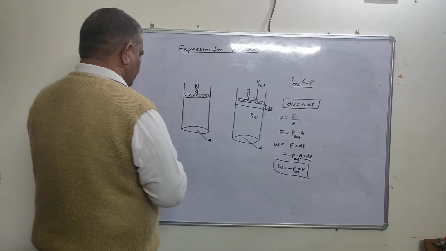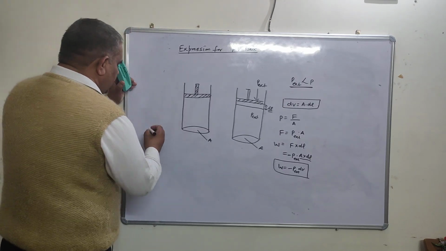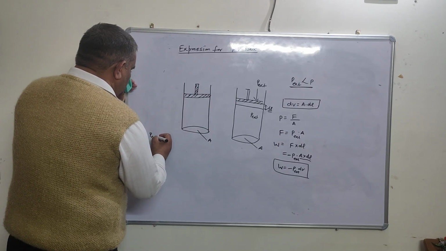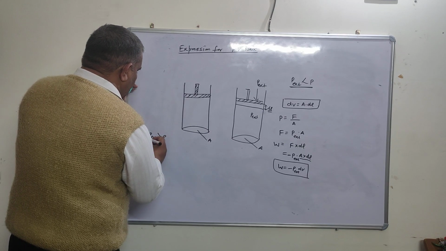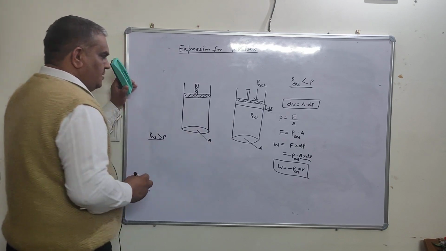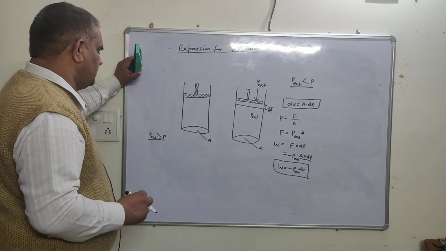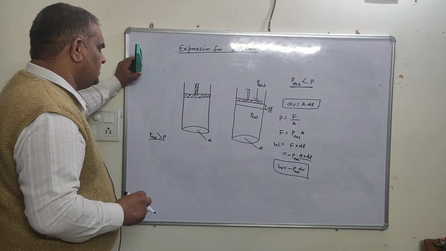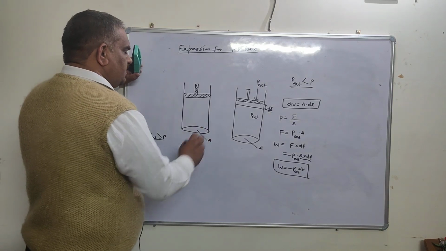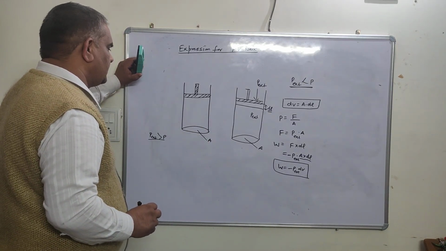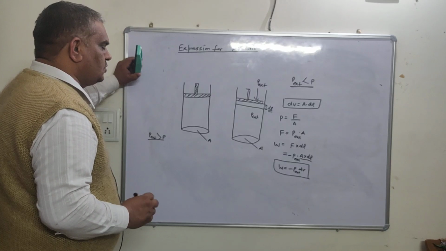If P external is greater than P, that is, if the external pressure is more than P, the piston contracts until the external pressure becomes equal to the pressure inside the cylinder.